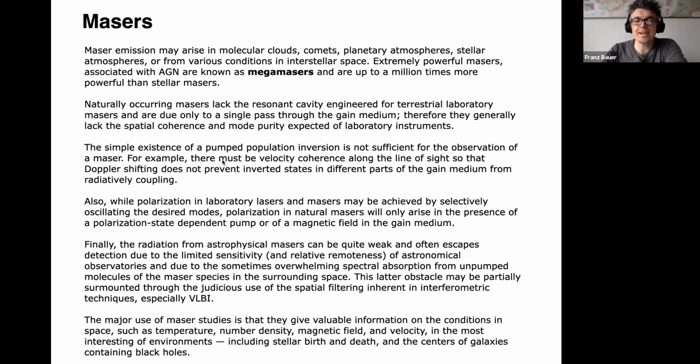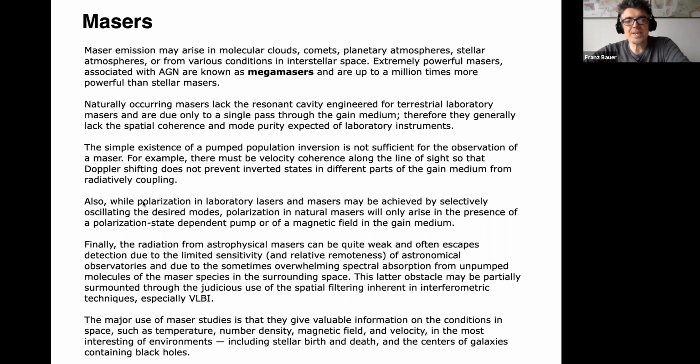You need velocity coherence, and this is where the jet structure or the disk structure come into play. You have to have it so that the Doppler shifting doesn't prevent inverted states from adding gain to this line. And gain in this term is the ability to have stimulated emission, but they talk about it in terms of a gain in the radio language.